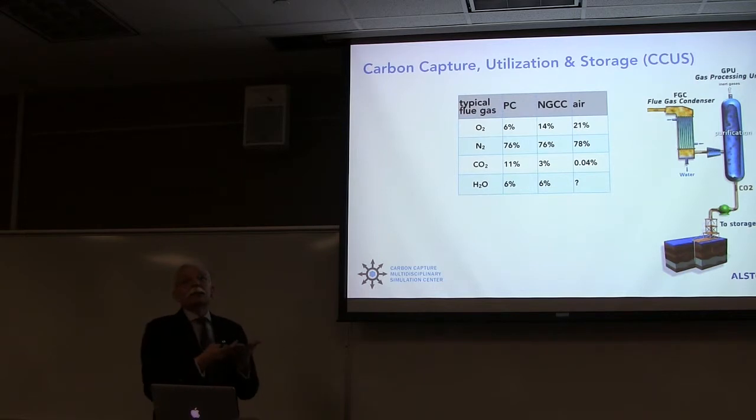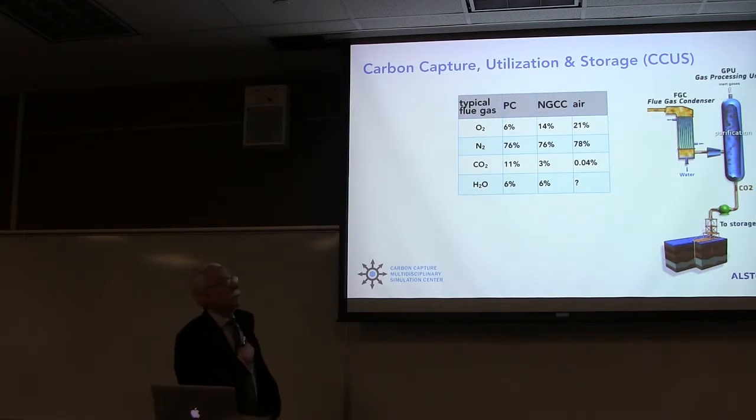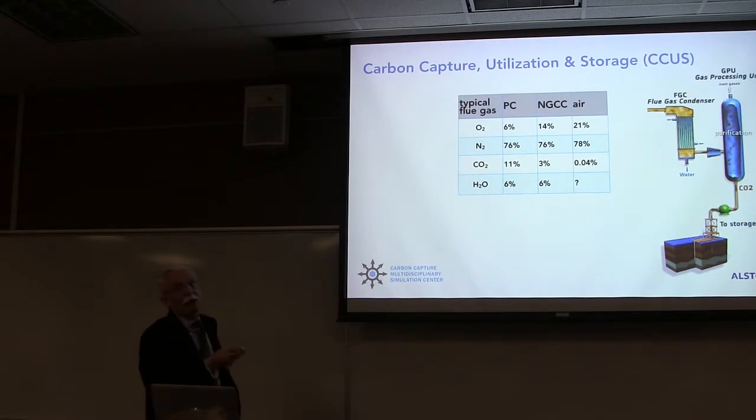Now, if we're going to get the CO2 out of this, of course CO2 is a product of that combustion process. The energy we're using is these carbon bonds; we're taking energy out of those chemical bonds to then convert it to electric power. And if we want to take that CO2 and capture it and use it somehow, then we've got to separate it from the flue gas that's coming out the stack in those systems.